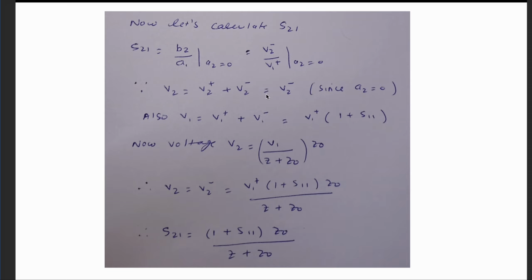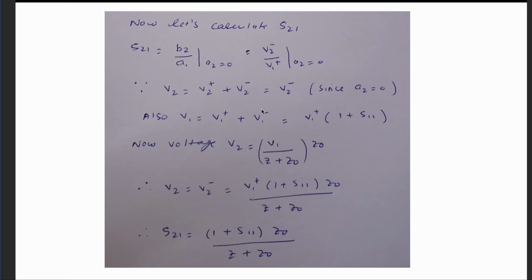At port 1, the total voltage V1 is again the sum of forward and backward waves, V1 plus plus V1 minus. From the earlier example you have already calculated S11, which is V1 minus upon V1 plus.